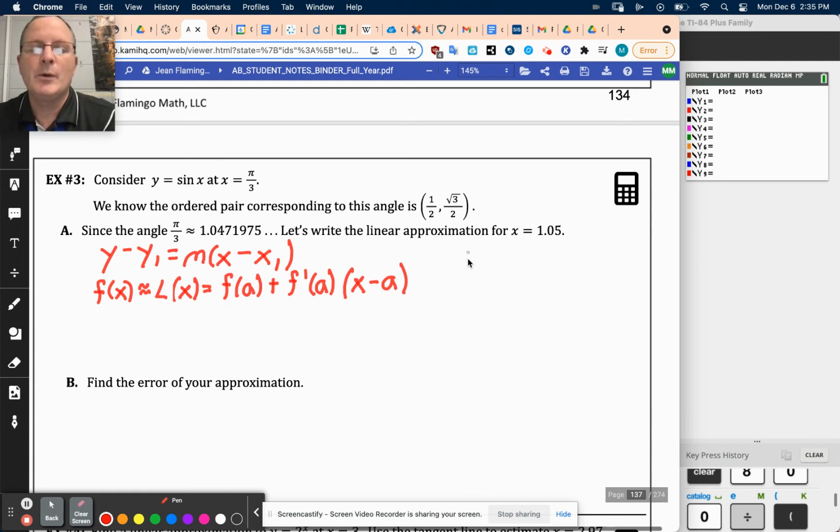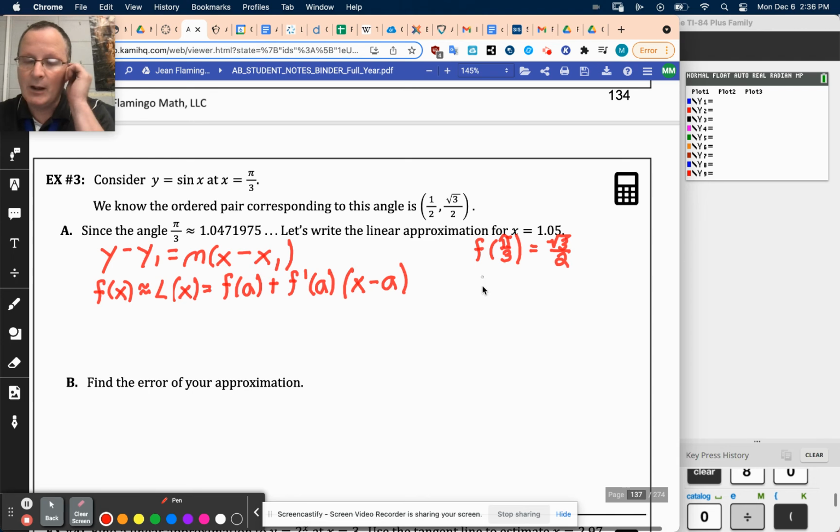All right, so here's what we know. f of pi over 3 is the sine of pi over 3, and the sine of pi over 3 is the square root of 3 over 2. That's the sine of 60.